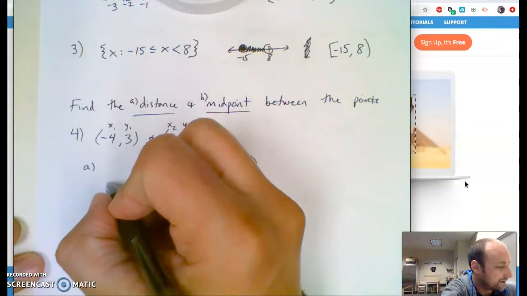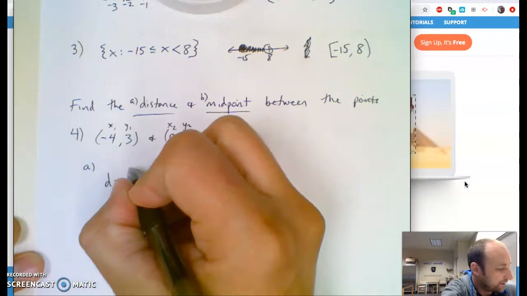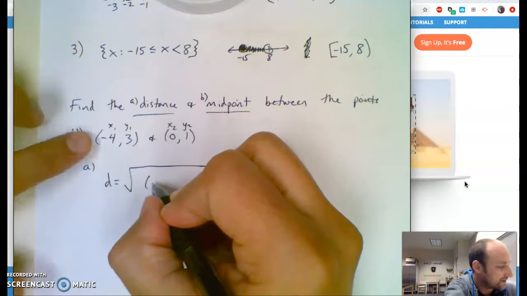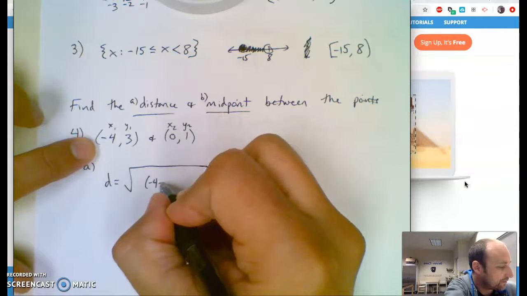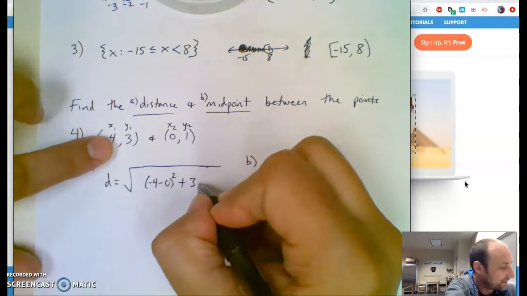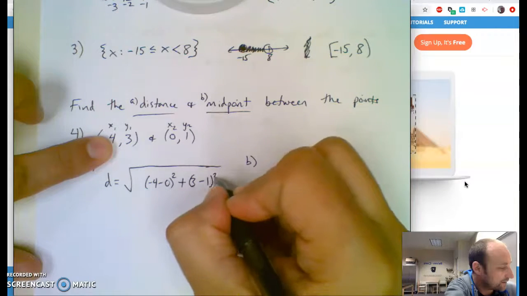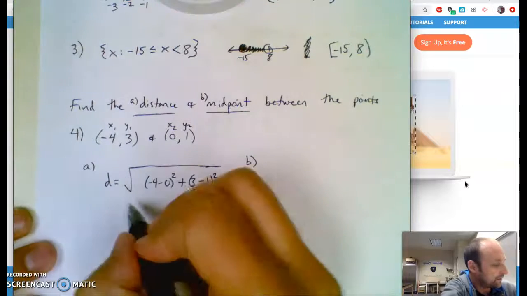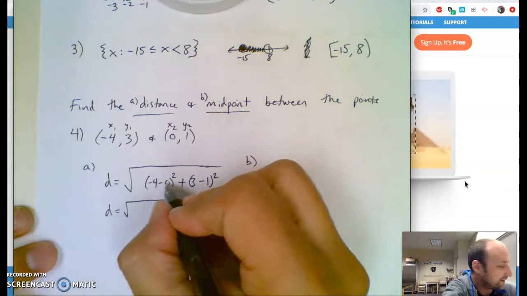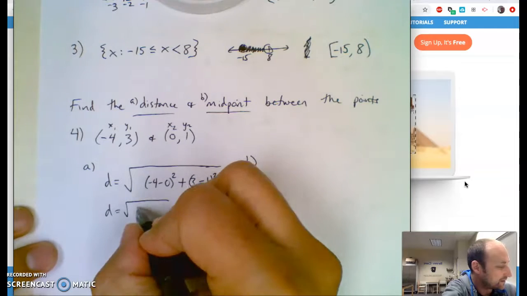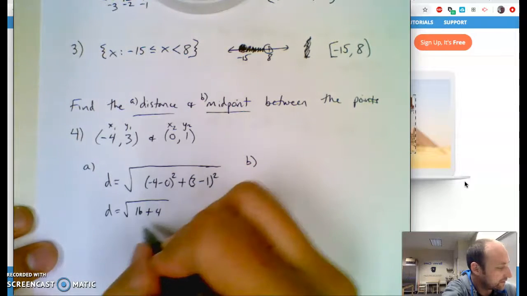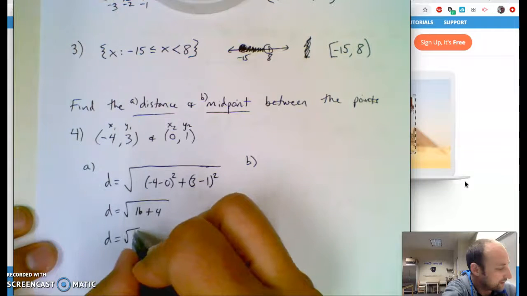Distance formula is a big old square root, and it's the difference in the x's squared, so -4 minus 0 squared, plus the difference in the y's squared, and then a big old square root. Sometimes they come out nicely, sometimes they don't. -4 squared is still 16, and this one's 2 squared, which is 4. So you get radical 20.